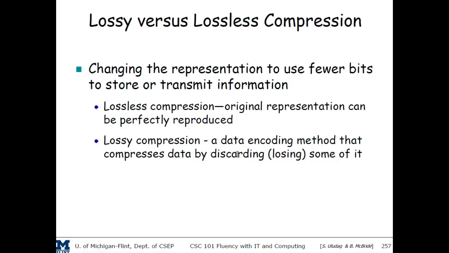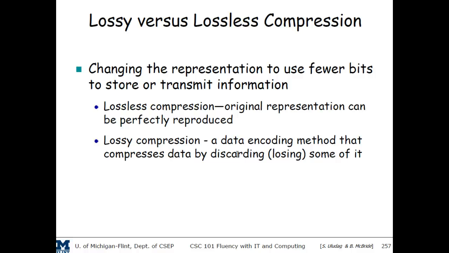Lossless algorithms would be like zip files, where it's essential to be able to reproduce the original data perfectly. As an example, bank account files or text information need to be able to be reconstituted in their original form perfectly with no lost information.